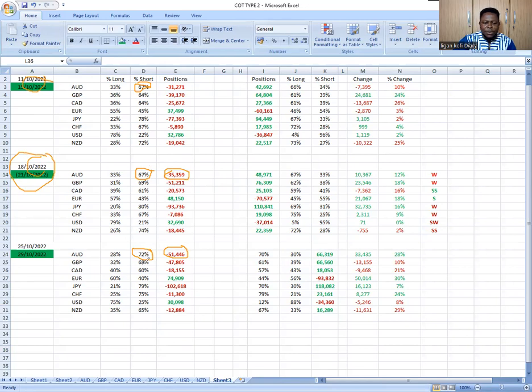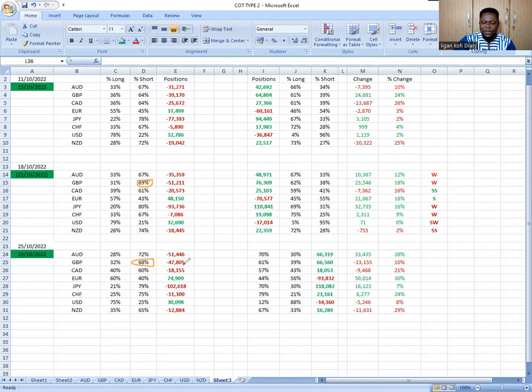The same with GBP. But GBP, if you look at it, the institutional traders have reduced their trades on bearish to 68%. It used to be last week 69% over here, but it has reduced to 68%. Although it is bearish, it is less bearish now.